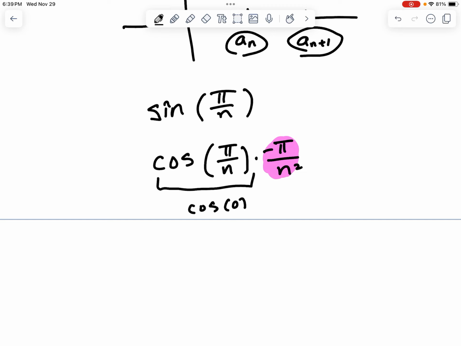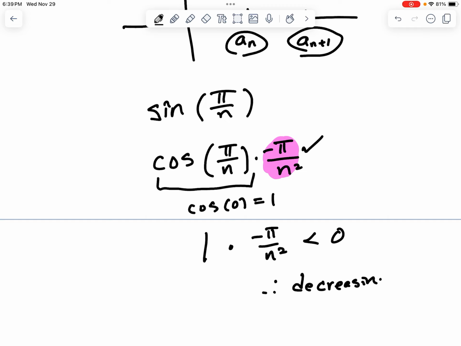It's not quite there, but it's almost cosine of 0. And cosine of 0 is equal to 1. So that means that we basically have the cosine part becoming a positive 1. This part is a negative, and that means that its derivative is negative, and therefore it's decreasing. And that is the end of today's podcast.